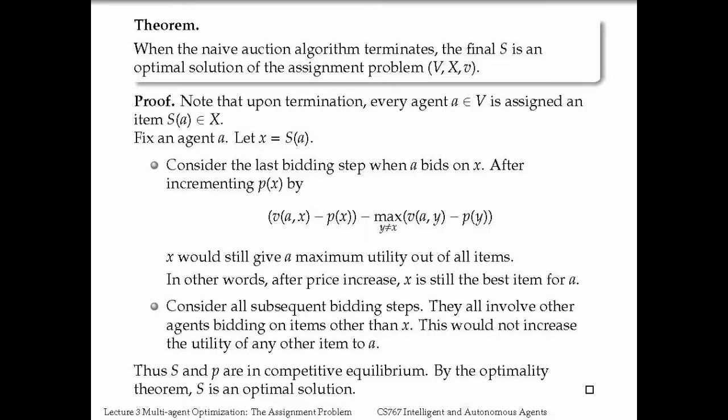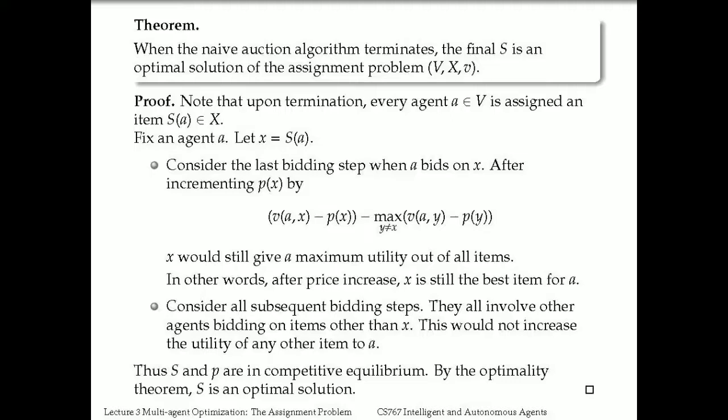In other words, after the price increase, X is still the best item from the perspective of A. Then all the subsequent bidding steps involve other agents bidding on other items. So X did not change, and when other agents bid on other items, this increases the price of those items, which means the utility that A gets from other items just gets lower and lower.